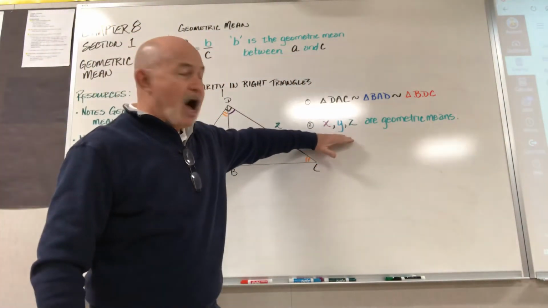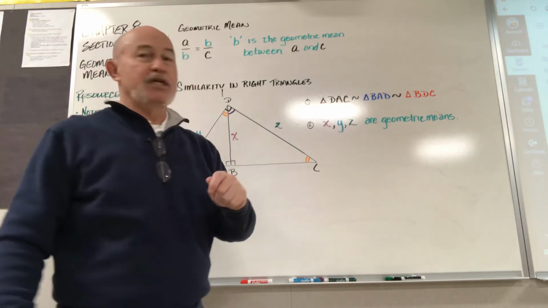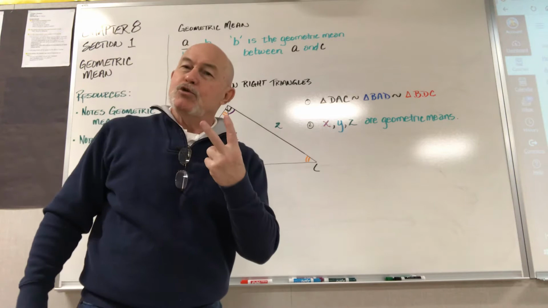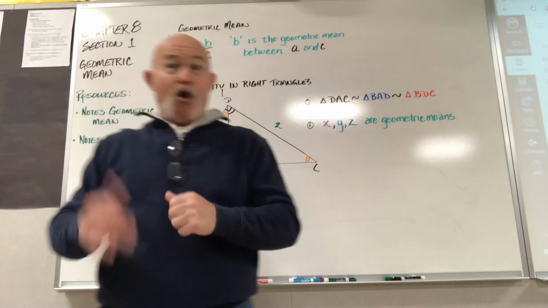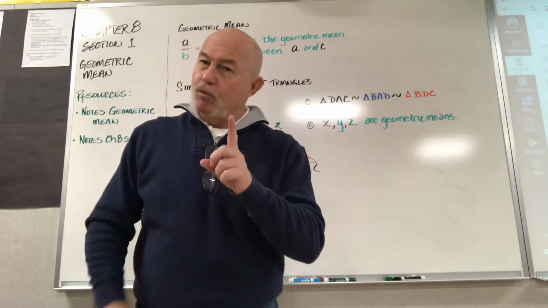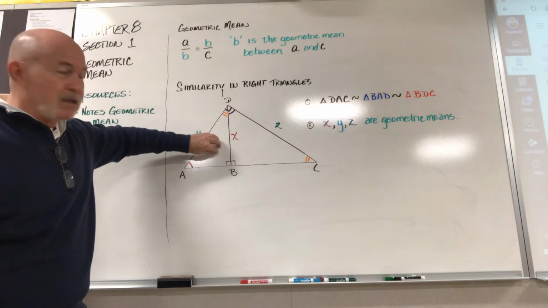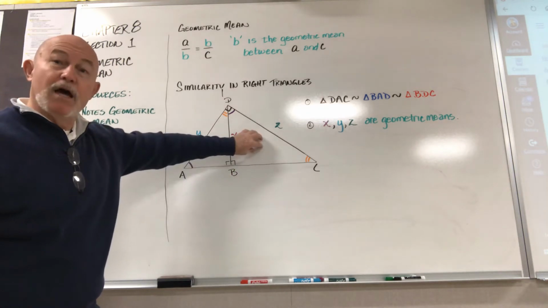On these, as I said before, X, Y, and Z are geometric means. They play two positions. They're offense and defense. Because, watch, X is a leg of this triangle. X is also a leg of this triangle.